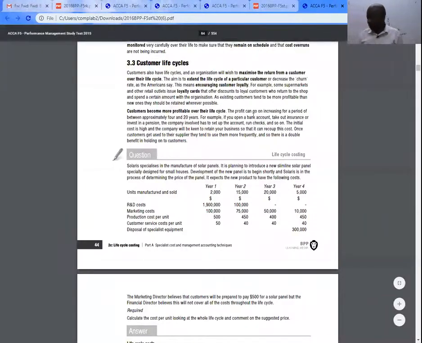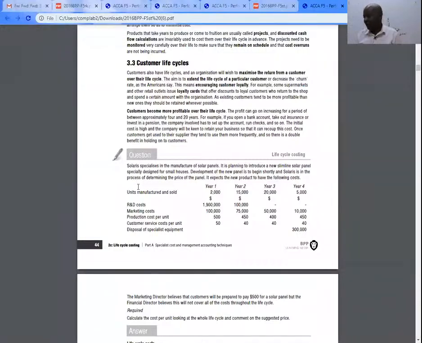Very easy. So you can see here they're telling us Solaris specializes in whatever. Units manufactured and sold: year 1, 2,000 units, year 2, 15,000 units, year 3, 20,000, and year 4, 5,000. It is very important for you to underscore the quantity.